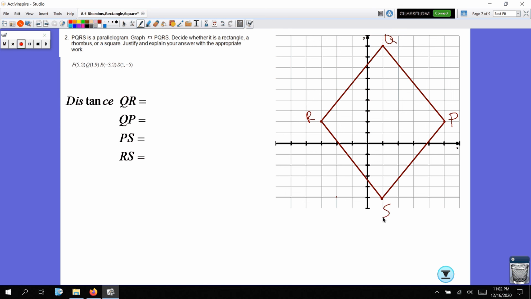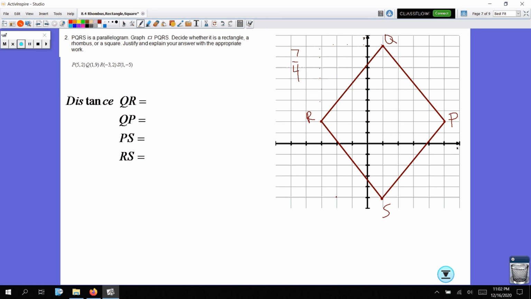Okay, so we need to find the distance. In order to prove it, obviously, we should find the slope to see if it has perpendicular slopes. But in this instance, we can count the slope, right? We can go up 1, 2, 3, 4, 5, 6, 7 over 1, 2, 3, 4. So 7 over 4.